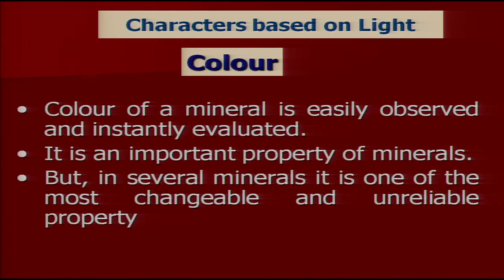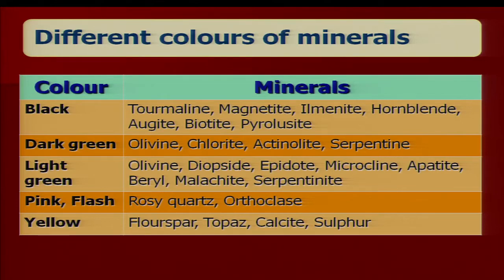It is an important property of a mineral, but in several minerals it is one of the most vulnerable, changeable, unreliable properties. So, it can be considered a very important property in the case of certain minerals, which I have tabulated here. First, black color.